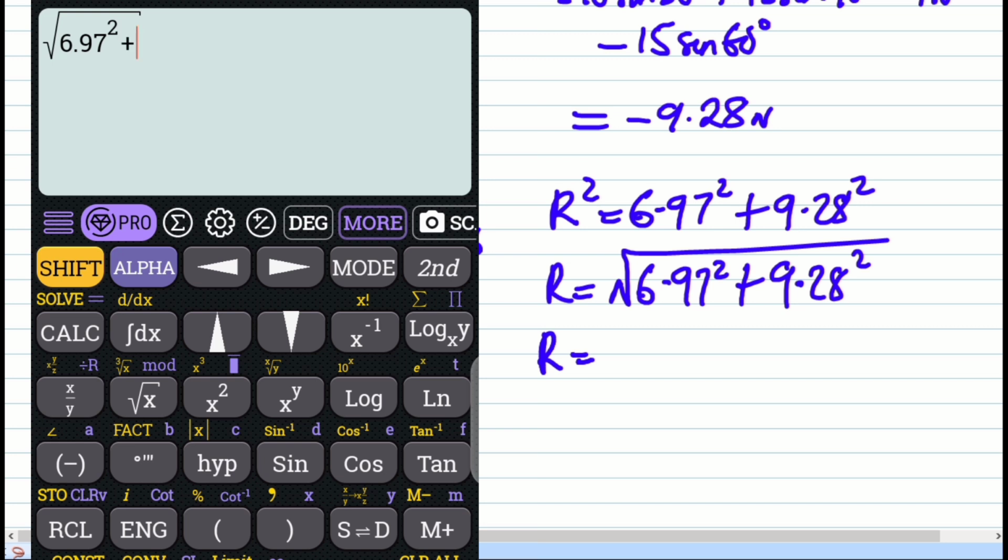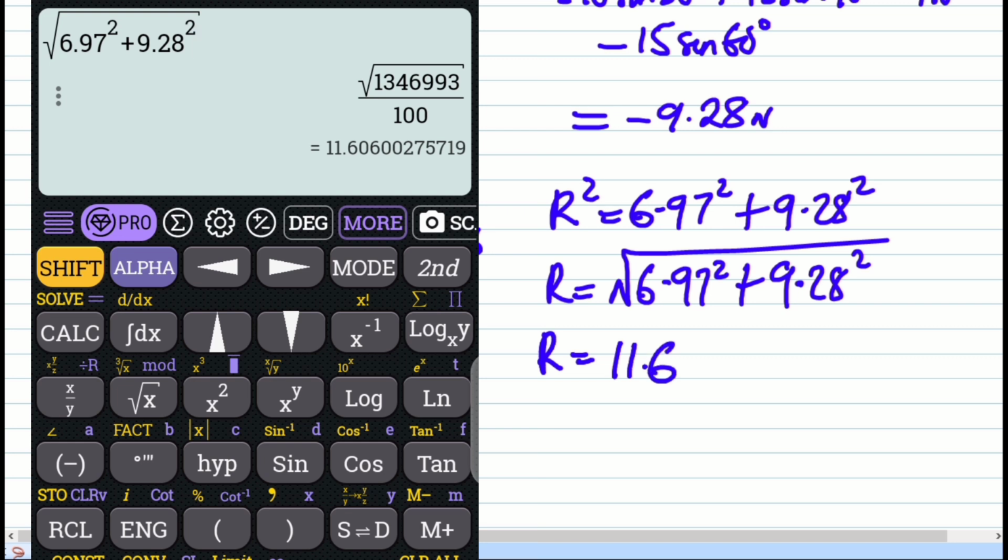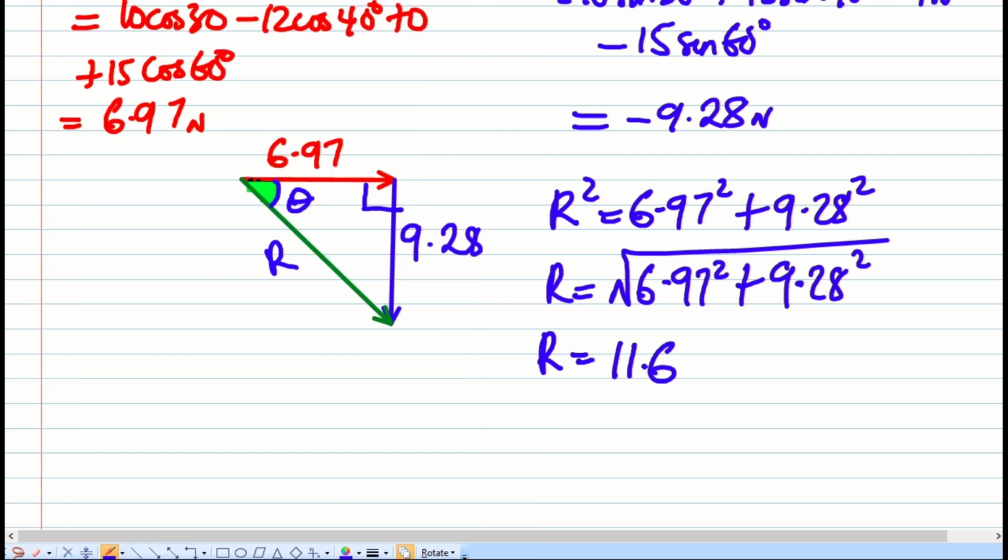We have r equal to 11.60, which is just 11.6 to 2 dp. Remember, always working with 2 dp Newton. So this is the magnitude of the resultant.